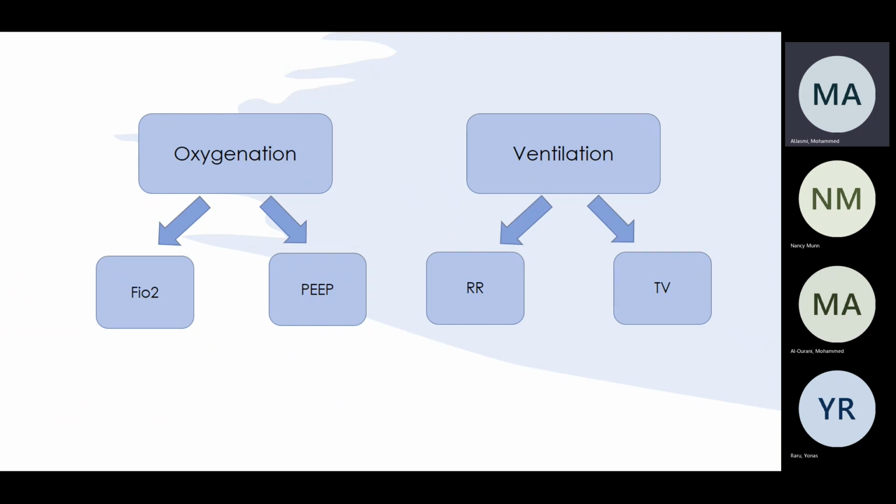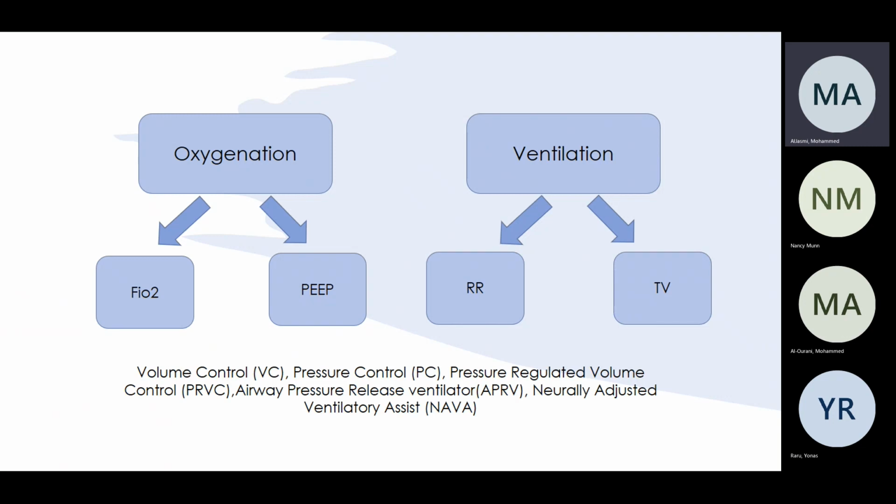For the boards, if you think it's a problem in ventilation, you need to fix the respiratory rate and tidal volume, and oxygenation is the FiO2 and PEEP. However, as a physician, you need to think about it as a whole unit, not just, he has a high PCO2, let's just increase his respiratory rate. Think about the whole disease, the whole pattern, and then adjust, okay?